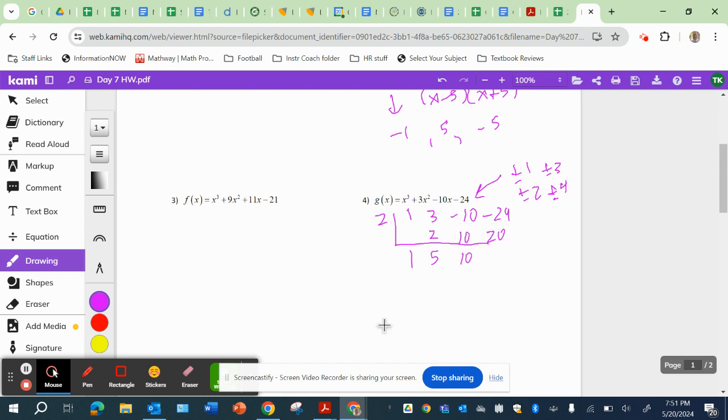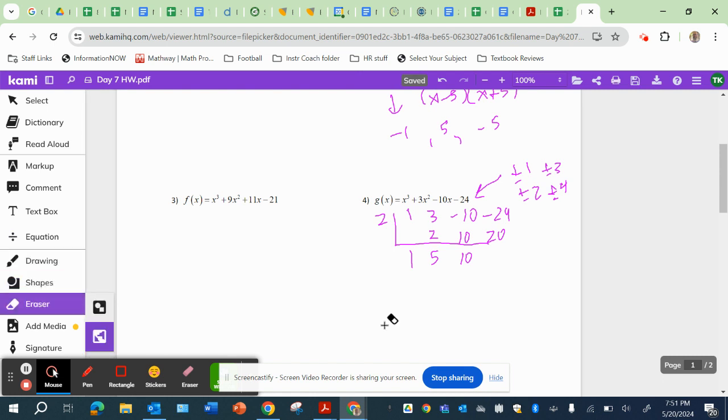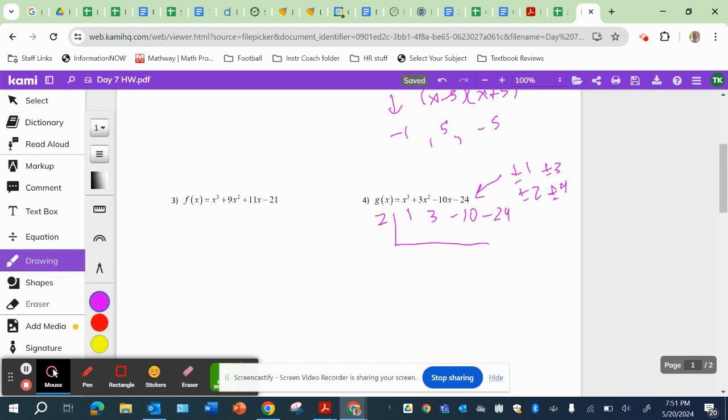That does not give me a remainder of 0. Let's try -2. So that does give me 0.